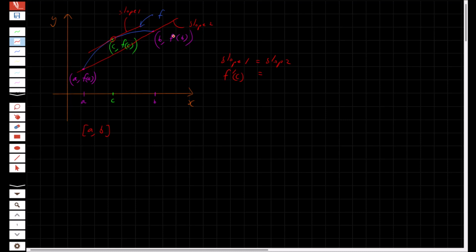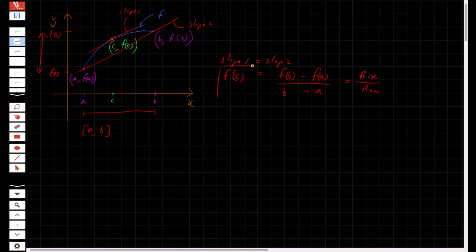Slope 2 is the average slope between A and B. So that is simply the function at B, take away the function at A. So this height here, divided by the horizontal distance between the points A and B. So B take away A. This is simply rise over run.